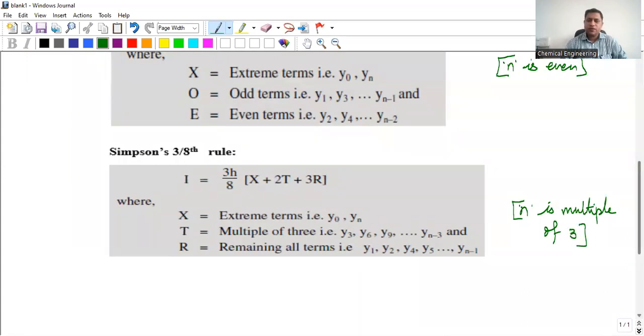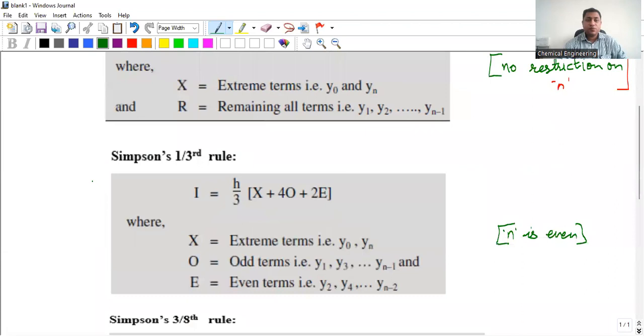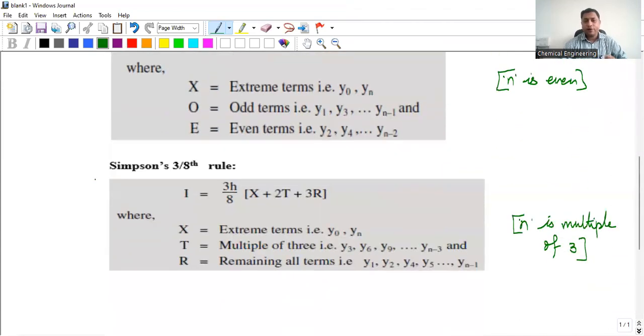These are the things that we need to understand and remember while solving problems. For the trapezoidal rule, we can choose the number of intervals as we want. In Simpson's 1/3 rule, the number of subintervals should be even, and for the 3/8 rule, the number of subintervals must be a multiple of 3.